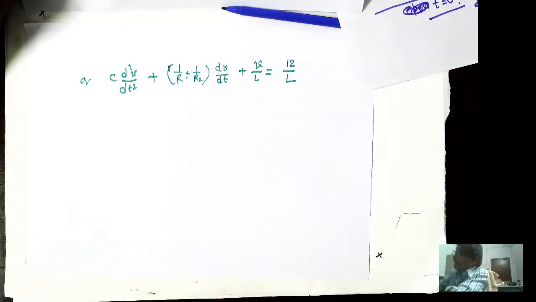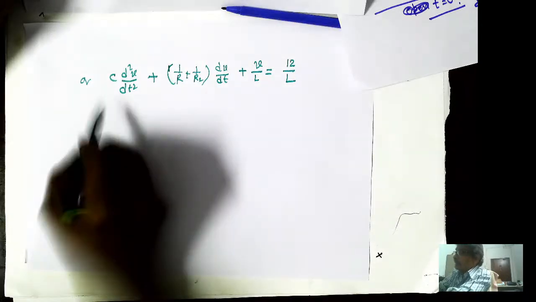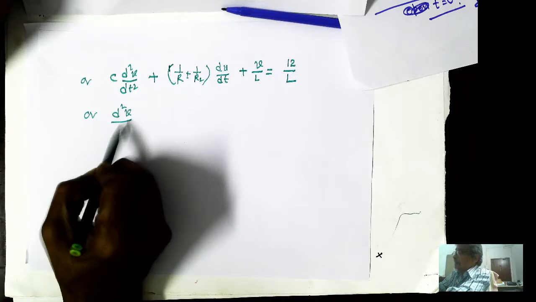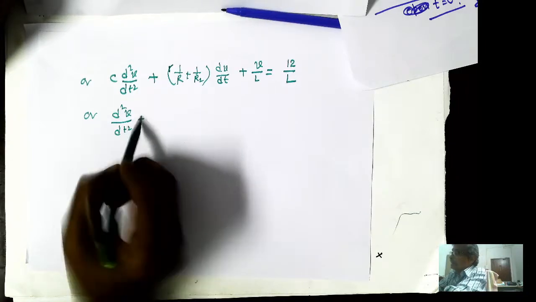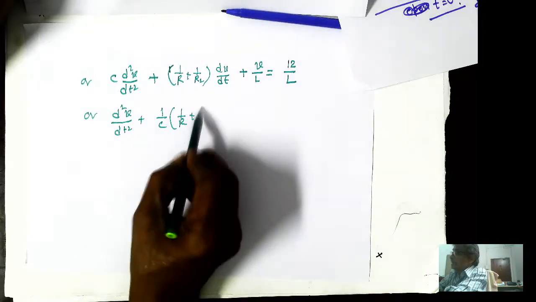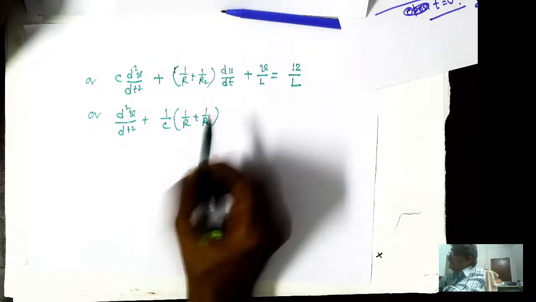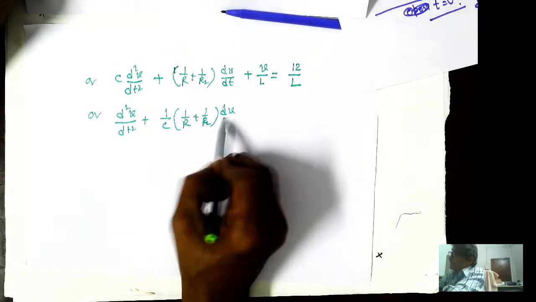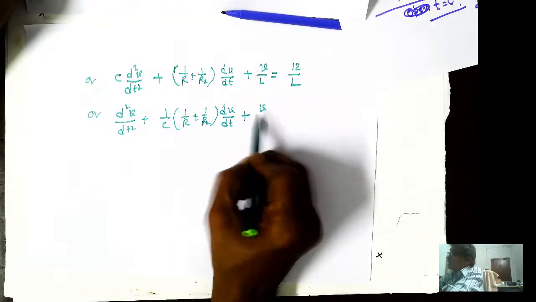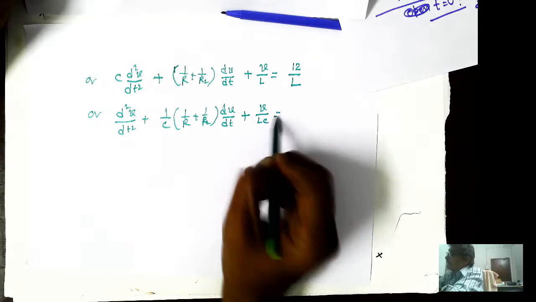Got the point? Then divide by C both sides: d2V/dt2 plus 1/C into (1/R plus 1/R2) into dV/dt plus V by LC is equal to 12 by LC.